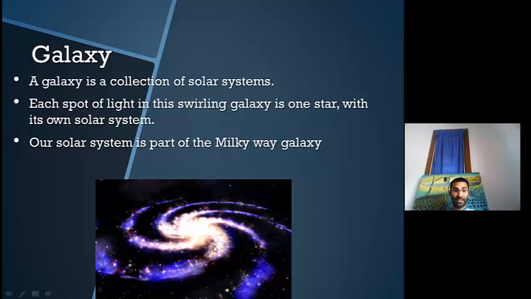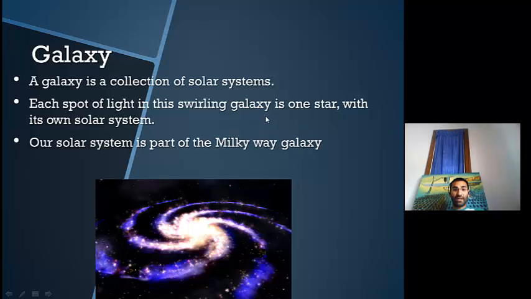This is the Milky Way galaxy down here, this is just another galaxy, but each spot in this swirling galaxy, each bright spot, is one sun. Each sun will have a bunch of different planets and moons, asteroids as well, orbiting around it. So you have a solar system which is all around one sun, and then you have a bunch of solar systems making up one galaxy.